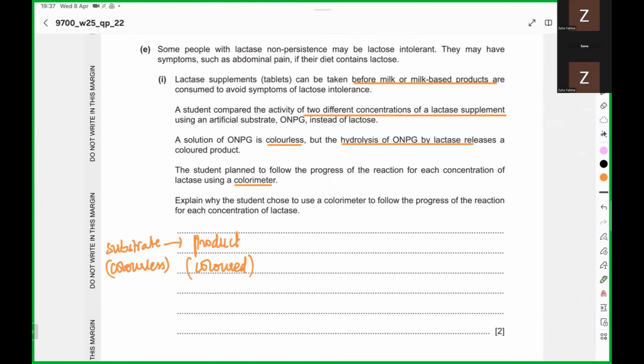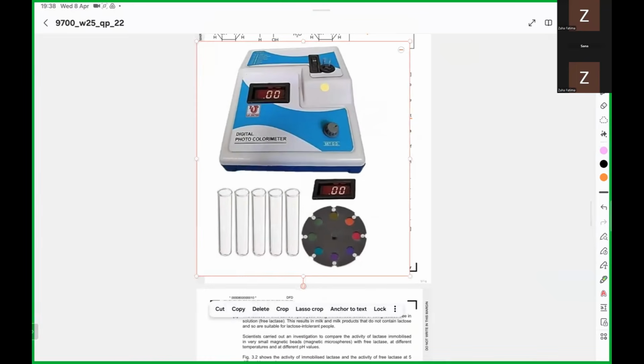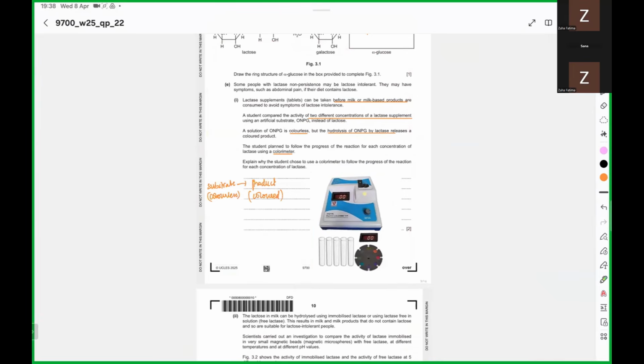It also comes up in P1 and P2. So let me show you how it works. Give me a second, I'll copy paste the picture. So this is basically how a colorimeter looks.